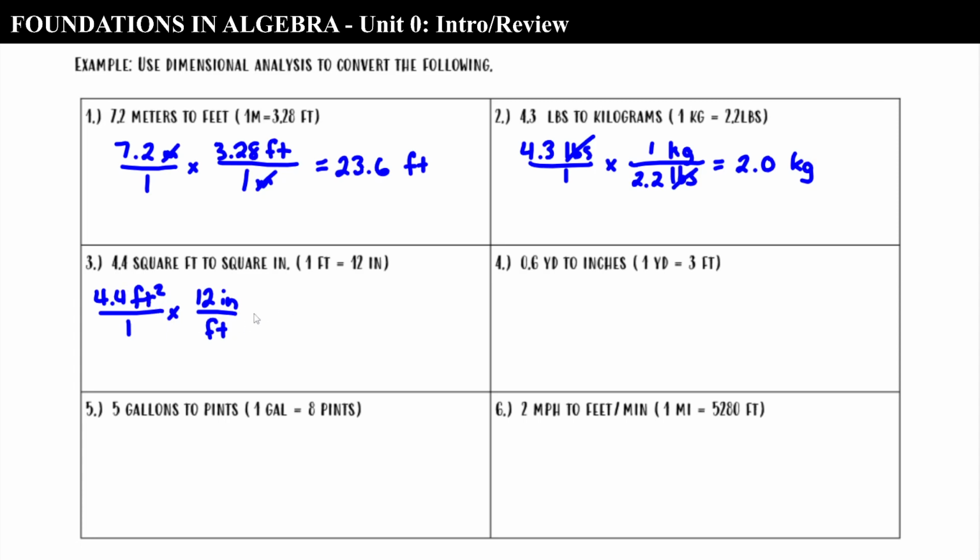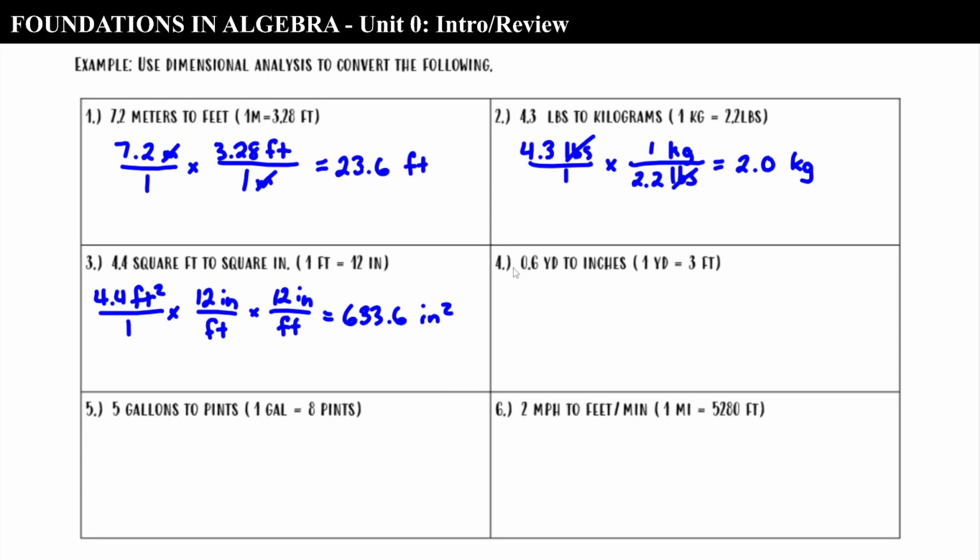We only have 1 foot here, so to get feet times feet on the bottom, we have to multiply by the conversion factor twice, and that's going to give us square inches, because inches times inches is inches squared. So we have 4.4 times 12 times 12, which gives us 633.6 inches squared. Always remember to put your units on there.